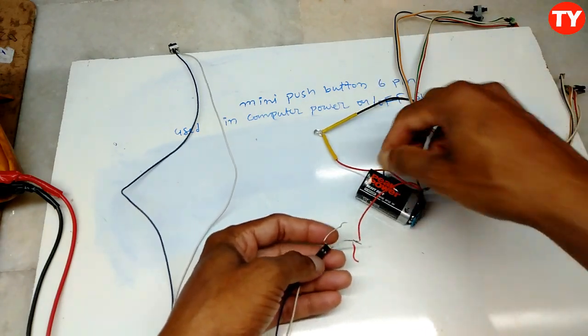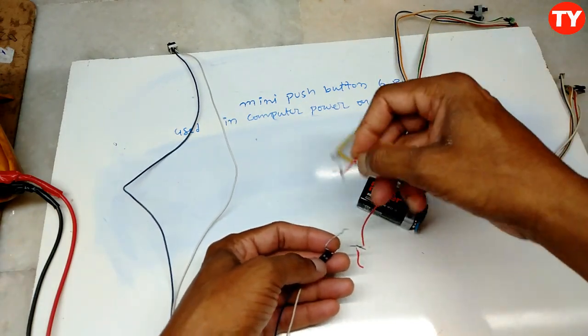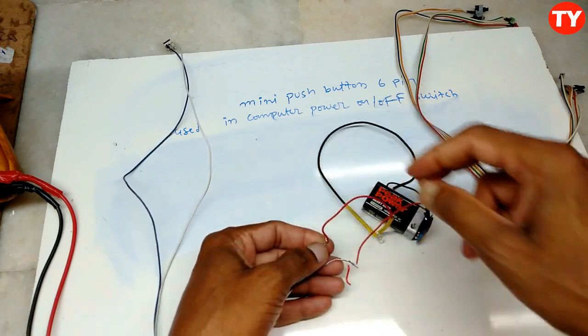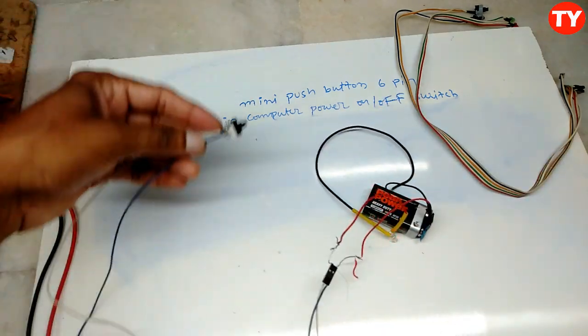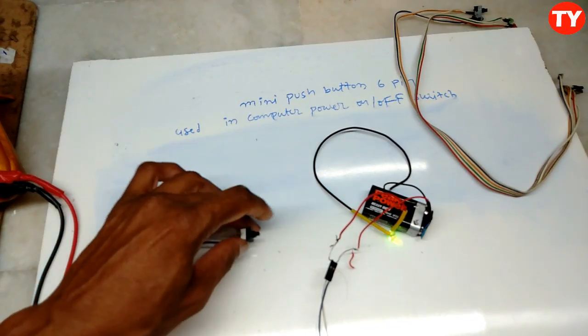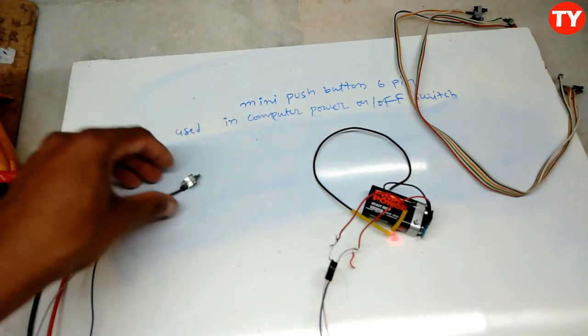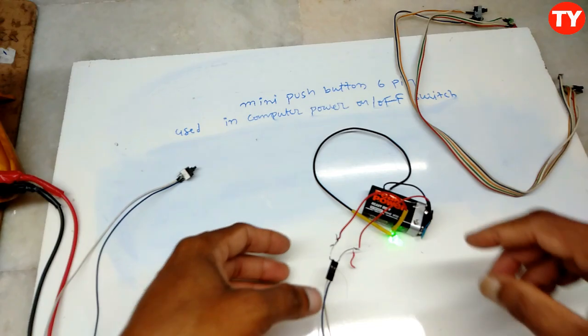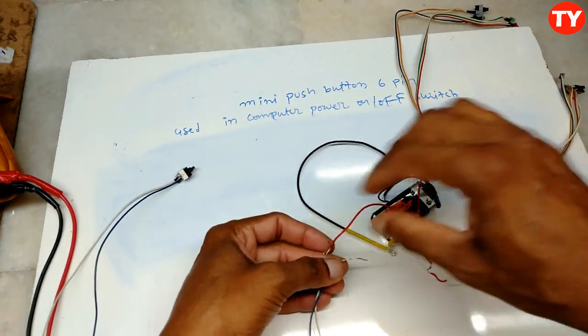Now this switch is short. That is why it keeps glowing. The switch is short. Now I will show how to test with a digital multimeter.